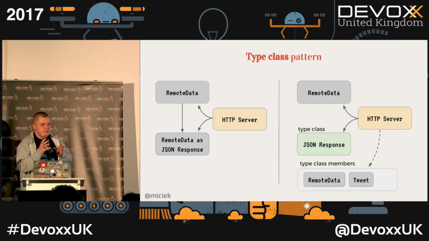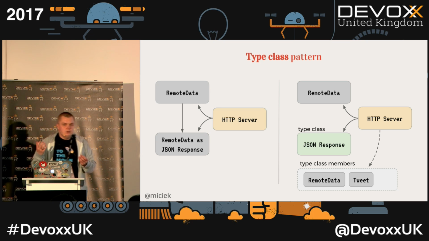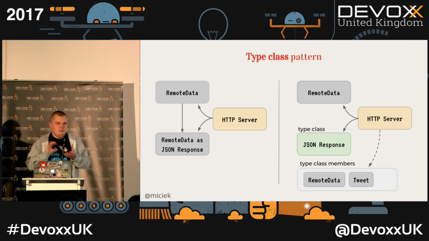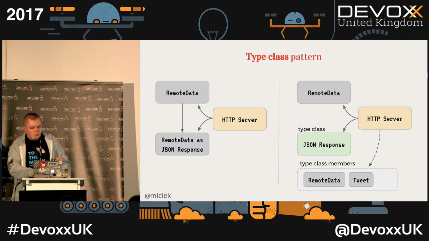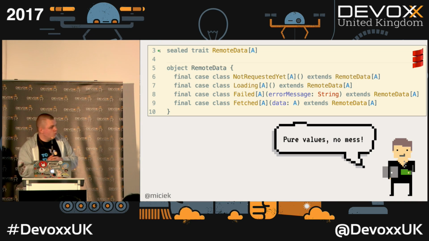And the HTTP server, whenever it needs something of type JSON response, and it has something of type remote data, uses the compiler to fetch something that can convert those things. So we don't have to deal with that in our code. We deal with that using some compiler magic. Whenever there is a member of type class JSON response, it compiles fine, but when it's not, we get a compiler error. So how does it work in Scala?